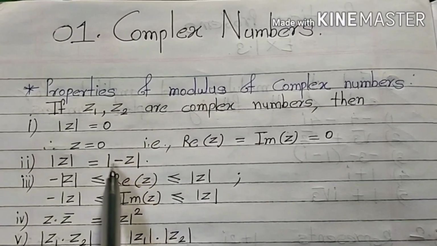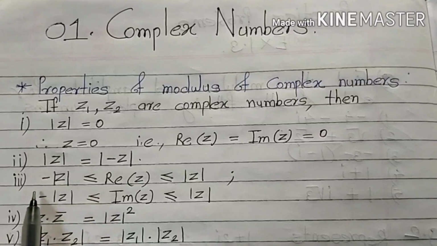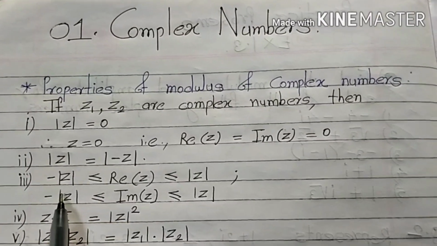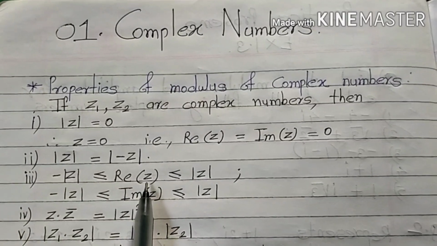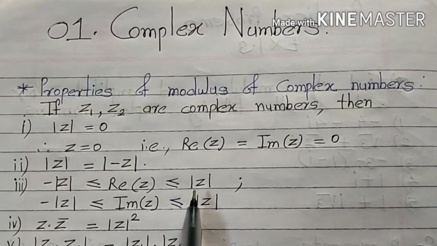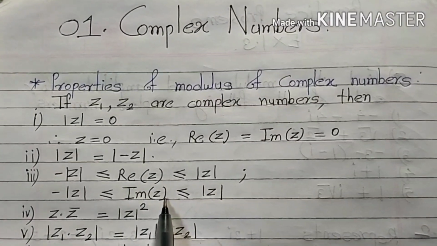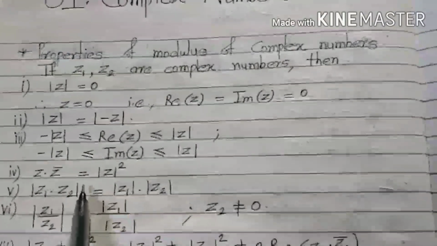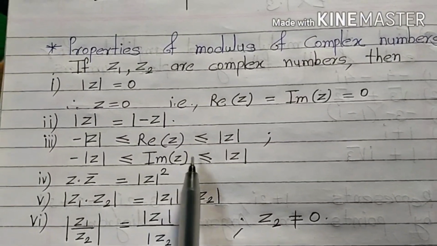Here, because of the modulus, the sign will be positive. Third property: minus modulus of z is less than or equal to the real part of z, which is less than or equal to modulus of z. Similarly for the imaginary part. Fourth property: z into z bar is equal to modulus of z square.